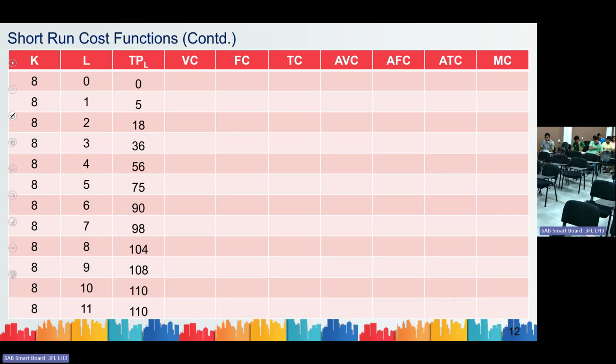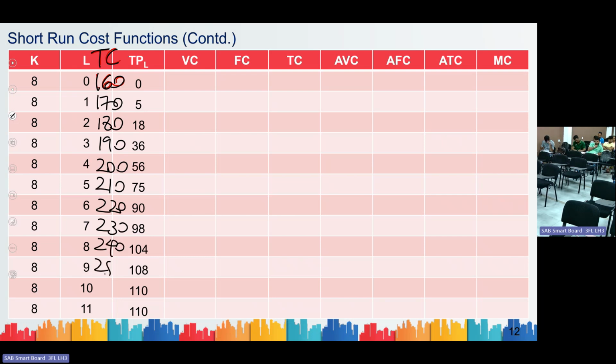Okay. Now we know the total cost. How much were they? Total cost 160, 170, 180, 190, 200, 210, 220, 230, 240, 250, 260, 270.